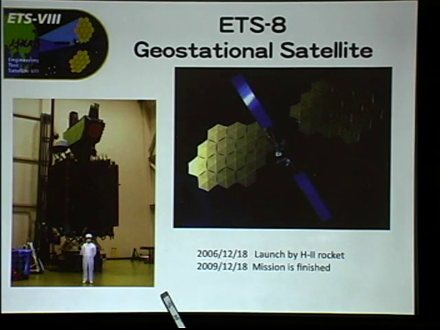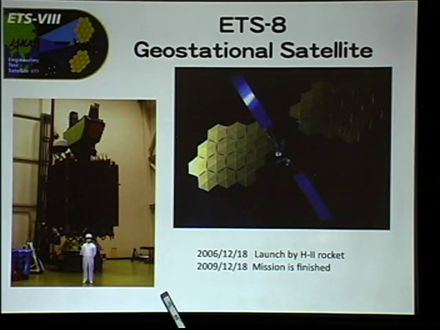Maybe you know this Japanese geostationary satellite called ETS-8. It has a very big pair of antennas, about 15 meters in diameter, and it can radiate 2.5 gigahertz.